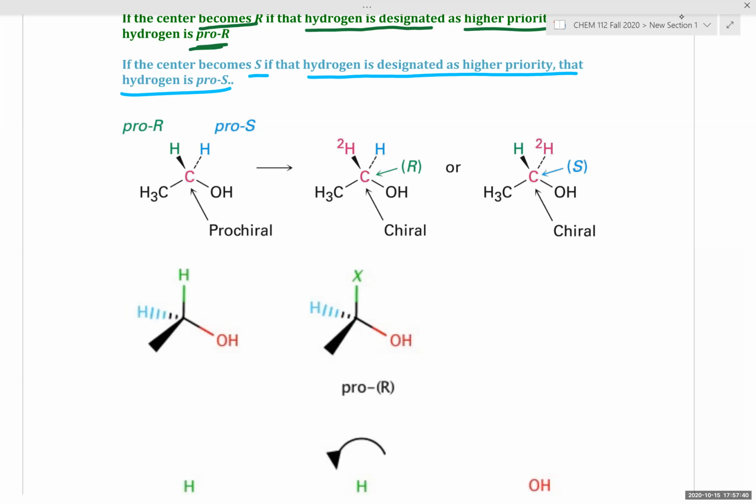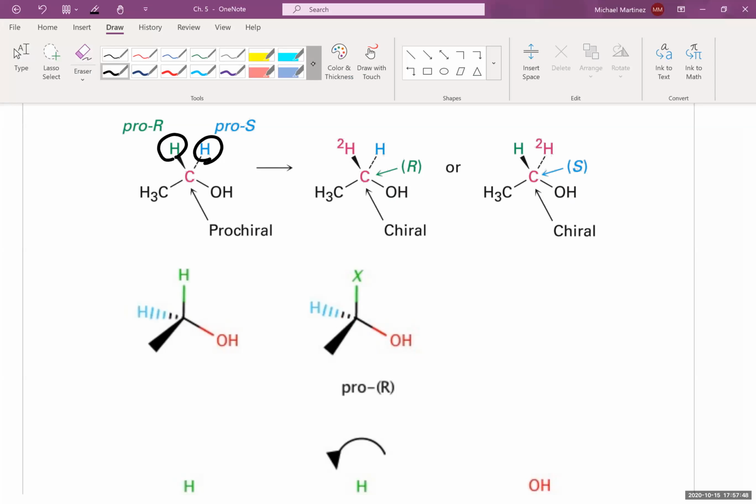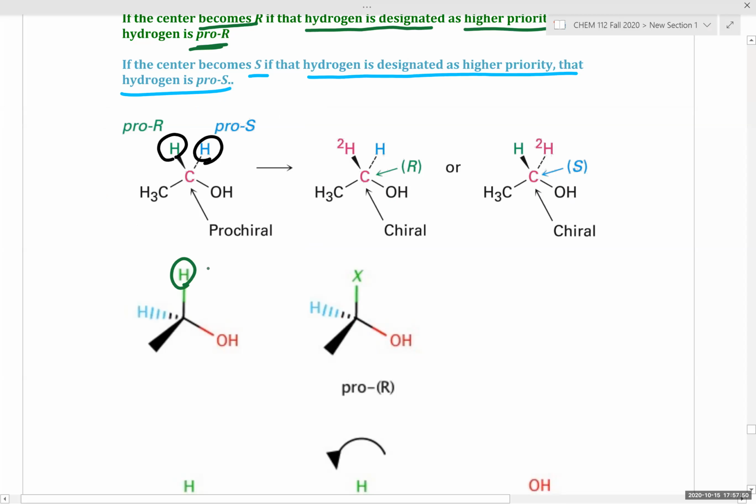So let's pretend for a moment we have two hydrogens, right? Let's take a look at this pro-R hydrogen. So this hydrogen is considered pro-R. Why is that? We are going to arbitrarily designate our priority where the pro-R hydrogen is higher than our other hydrogen. That's why I'm putting it as priority 3. Does that make sense?